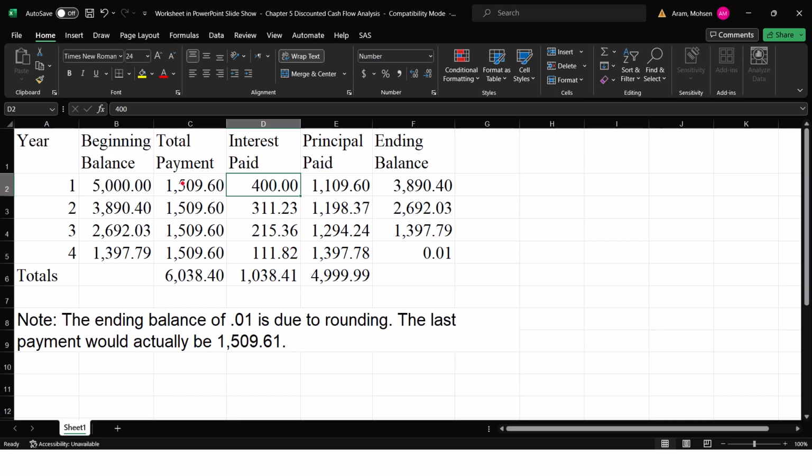So out of the $1,509.60 payment that you make in the first year, $400 of it goes towards interest, and the remainder, which is $1,509.60 minus 400, goes towards the repayment of the loan, towards the principal. That means the ending balance of the loan at the end of the first year is going to be $3,890.40.